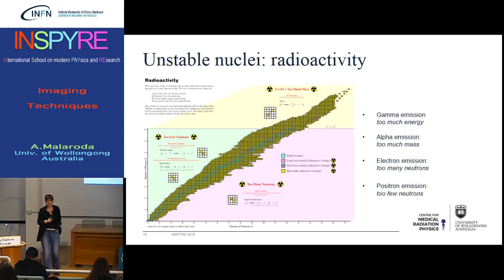The momentum of the system before decay was 0. The nucleus was happy in its position, not moving. Then suddenly it decays and emits an electron. The electron has momentum. The nucleus moves a little bit, but not too much. What do I need to conserve momentum? I need another particle. So theoretically, they predicted the existence of the neutrino.